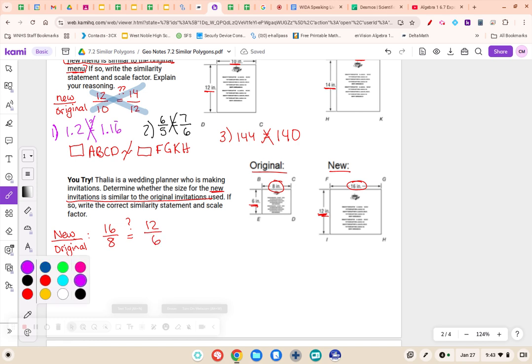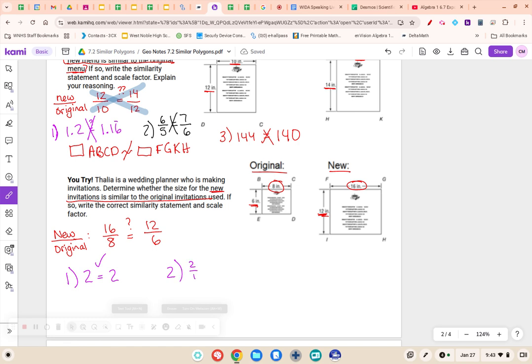Pick your favorite method. I know if I write this as a decimal, 16 divided by 8 is 2. 12 divided by 6 is 2. So that looks like that checks out. If I reduce my fractions, I get 2 over 1, or just 2.